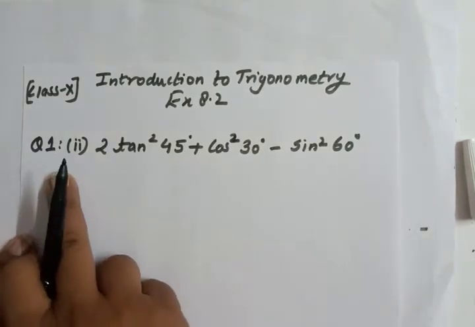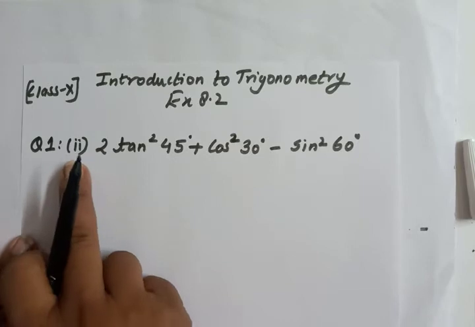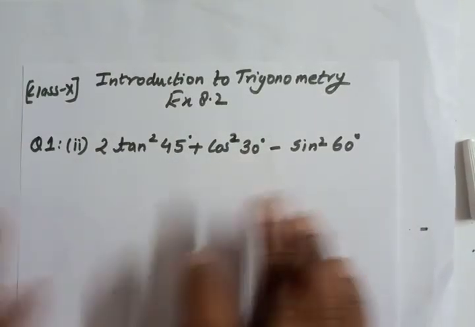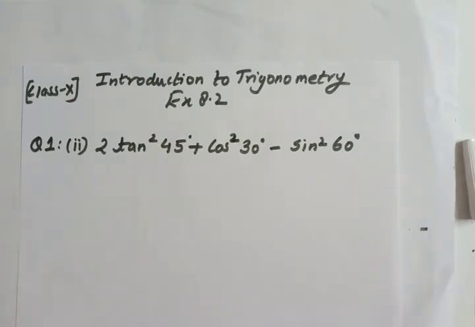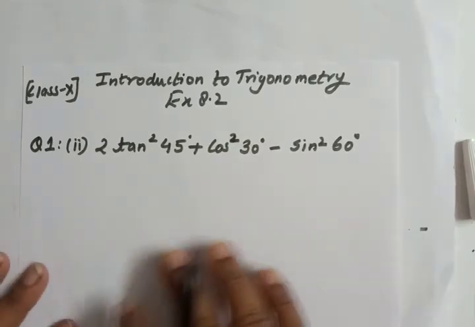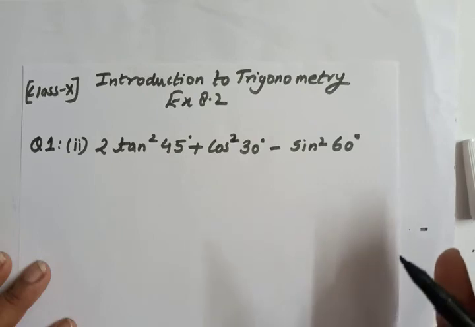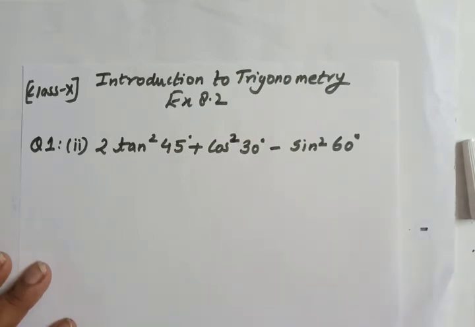Now this is question number 1 of NCERT, the second part. For students new to this topic, trigonometry, you may find it difficult and think what is this, but it is a very easy question, even a 1 marker question.